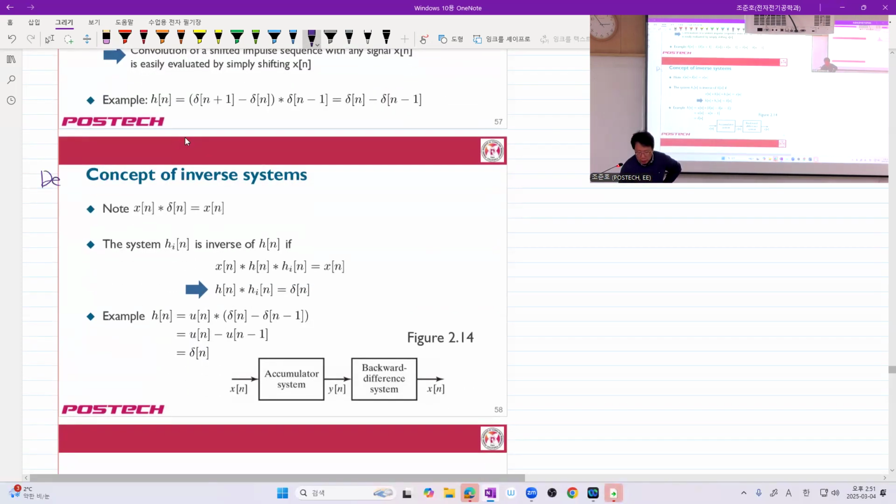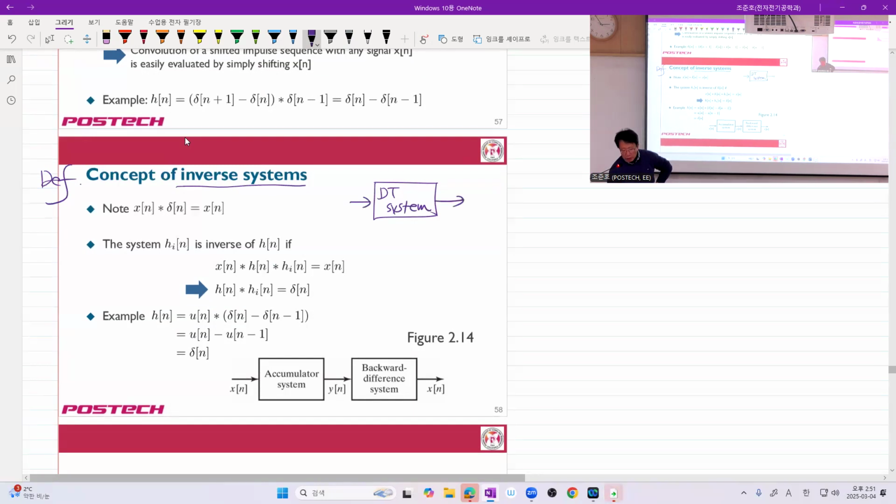Here goes another definition, and this is very, very important for control engineers and communication engineers. Here goes the concept of the inverse system. First, in order to talk about this, we need to have a system. So here is a DT, discrete time system.